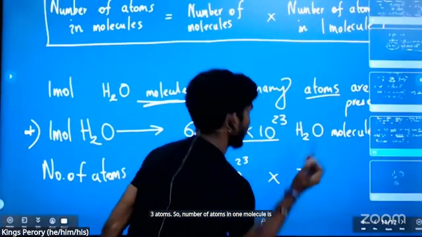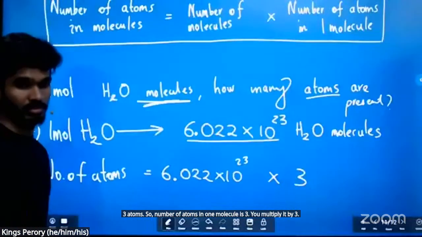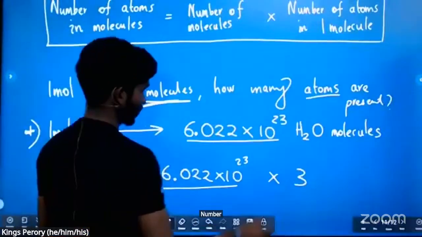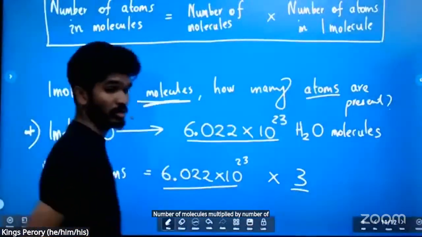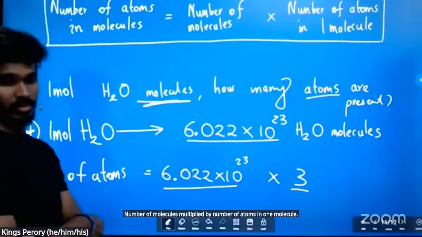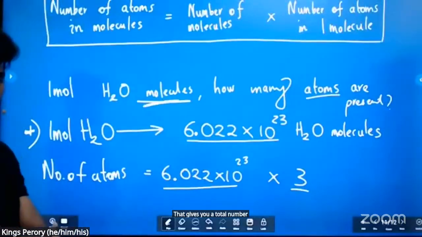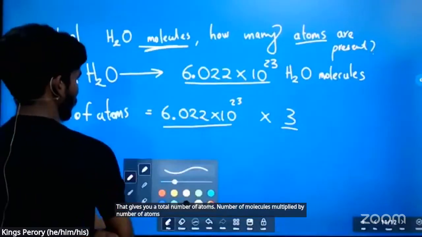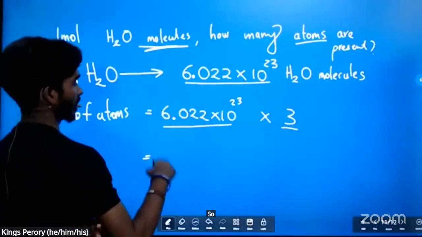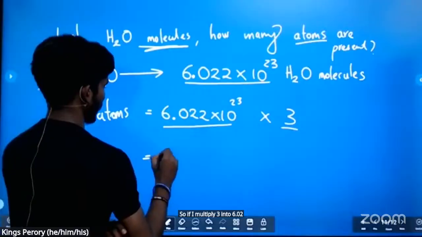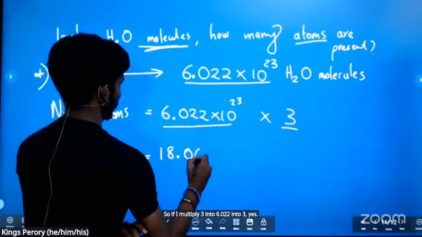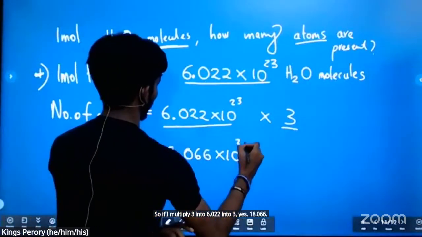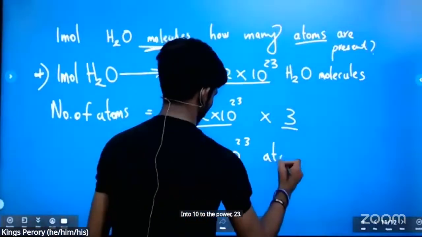You multiply it by 3. Number of molecules multiplied by number of atoms in one molecule gives you the total number of atoms. So if I multiply 3 into 6.022 into 10 to the power 23, it is 18.066 into 10 to the power 23 atoms.